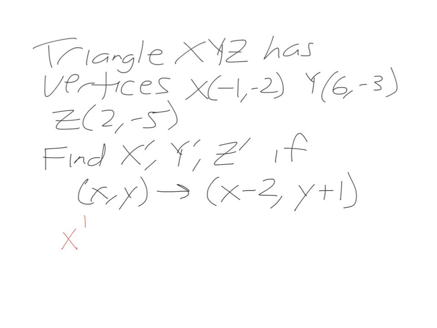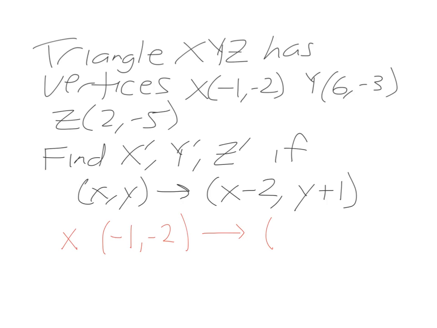But X prime, well, I'm going to go ahead and put it in the notation that you used. You had -1, -2, and I'm going to change that. I'm going to transform it, and I'm going to take the -1 and subtract 2 more. So, oops, I need to go back. Wait, I made a little mistake.